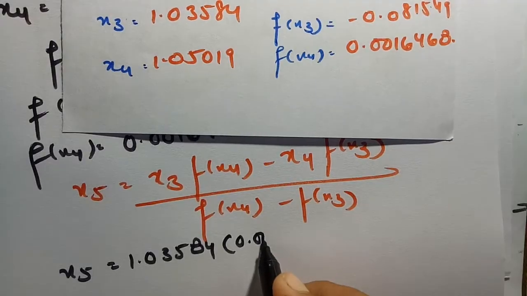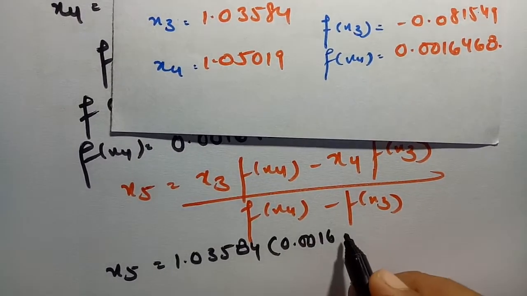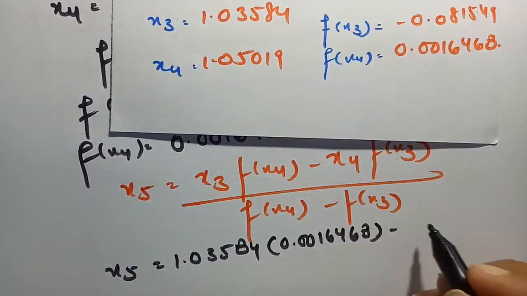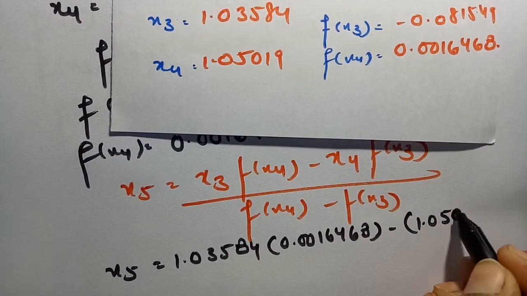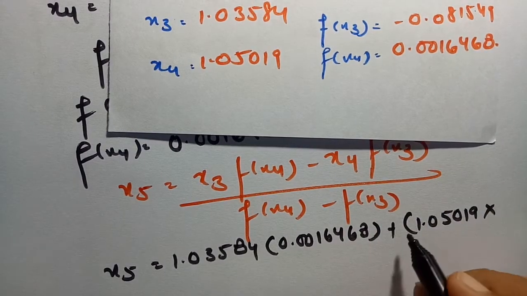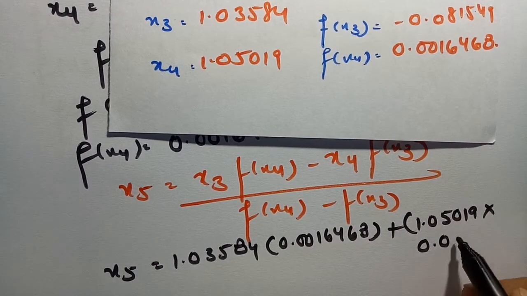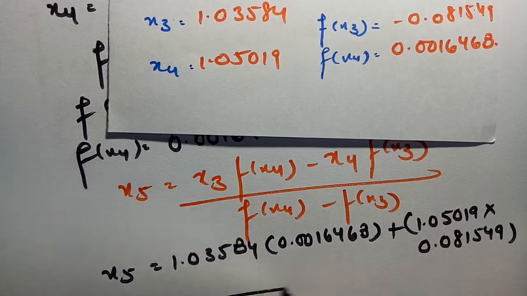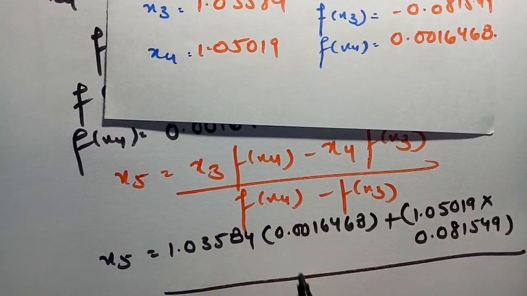So this value is 0.0016468 minus x4, which is 1.05019 into f of x3 value, minus of minus plus, this is 0.081549, divided by f of x4 value.